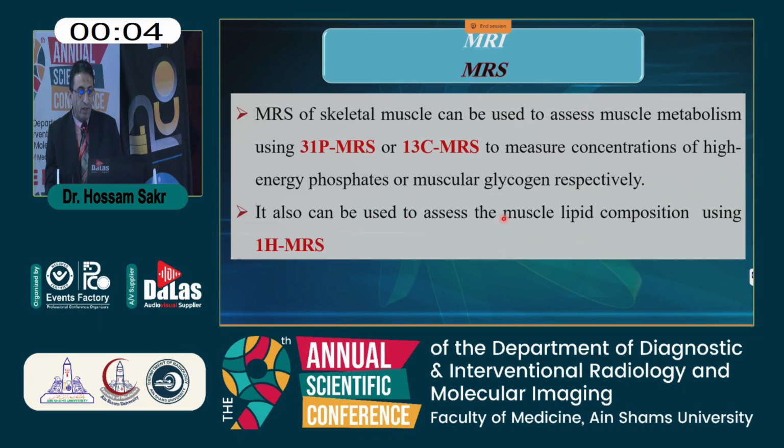MR spectroscopy of the skeletal muscles can be used to assess muscle metabolism using phosphorus 31 or carbon 13 to measure the concentration of high energy phosphates or muscle glycogen respectively. Also, we can use the conventional, well-known MR spectroscopy by hydrogen 1 to assess the muscle lipid composition.